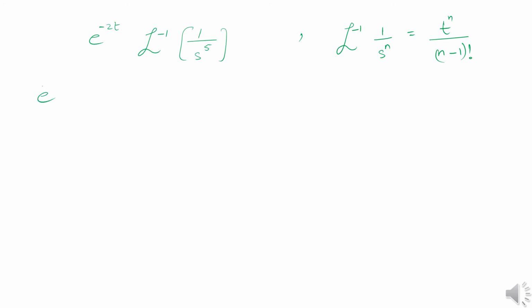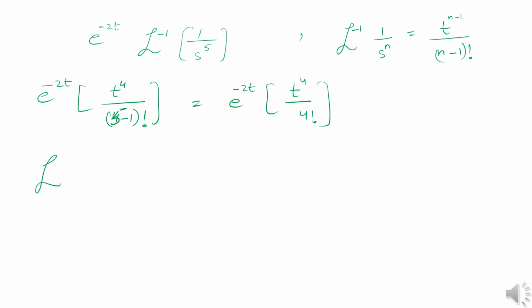So it will be e raised to the power negative 2t multiplied by t to the power 4 over 4 factorial.